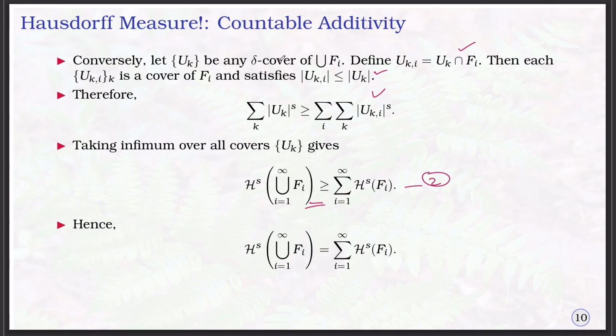So we already proved that Hs of the empty set is 0 and Hs of E is less than or equal to Hs of F when E is contained in F. Now we are taking each Fi as a collection of disjoint Borel sets, satisfying this inequality.